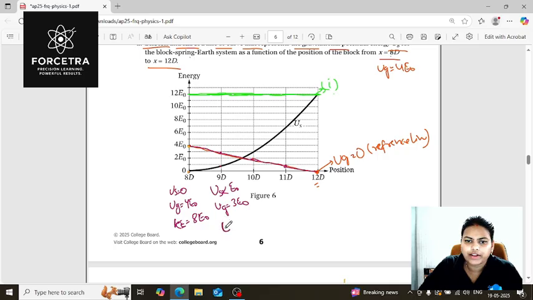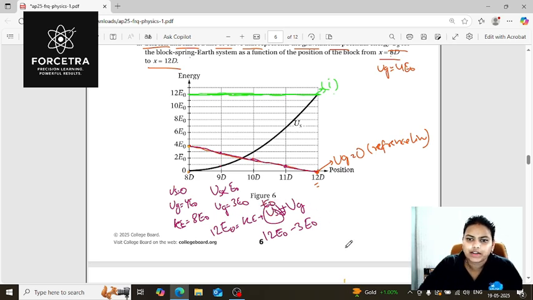So I can write that the total mechanical energy, 12 E naught, is equal to kinetic energy plus potential energy of the spring plus gravitational potential energy. So it would be 12 E naught minus 3 E naught, and minus somewhat less than E naught, but not complete E naught.